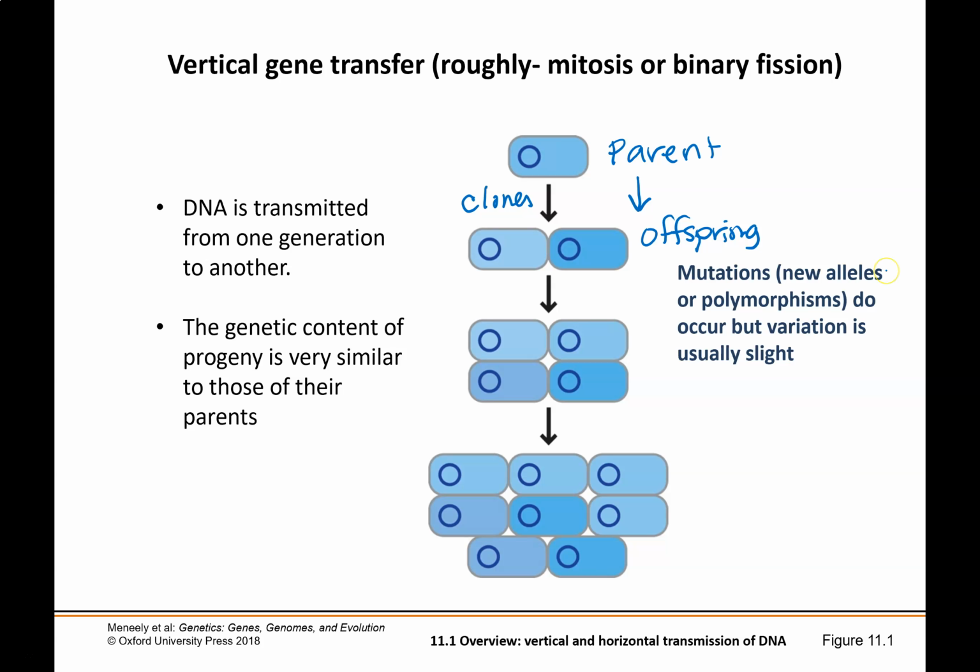You might have some mutations that produce new alleles or polymorphisms in the population, but any variation is going to be very slight. So this is represented here by slightly different color blues. You might have offspring from the same parent that are just a little bit different, but very, very similar. And so if you look at the population, you have a lot of identical individuals, and even if they're not identical, there's still very slight variation.